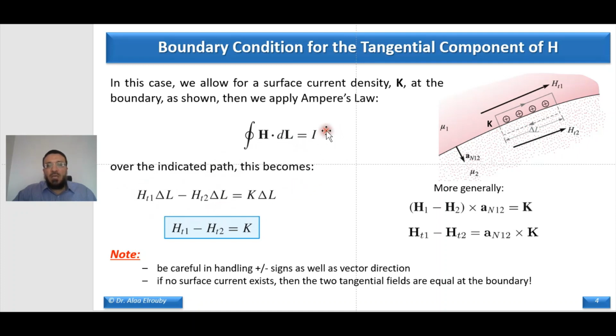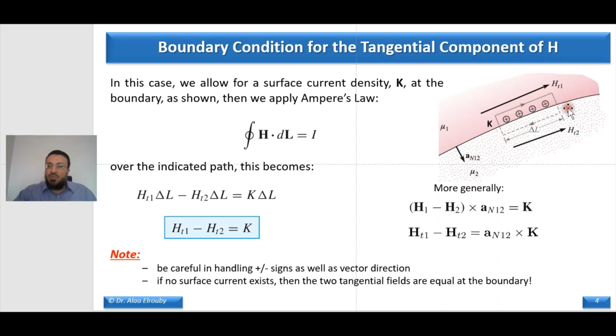On the right hand side, we have the current I. The current I is the total current enclosed by this contour, and in this contour there is no source of current except for a surface current. If we have a surface current K, then the right hand side will equal K multiplied by delta L. And we need to pay attention here to the direction.